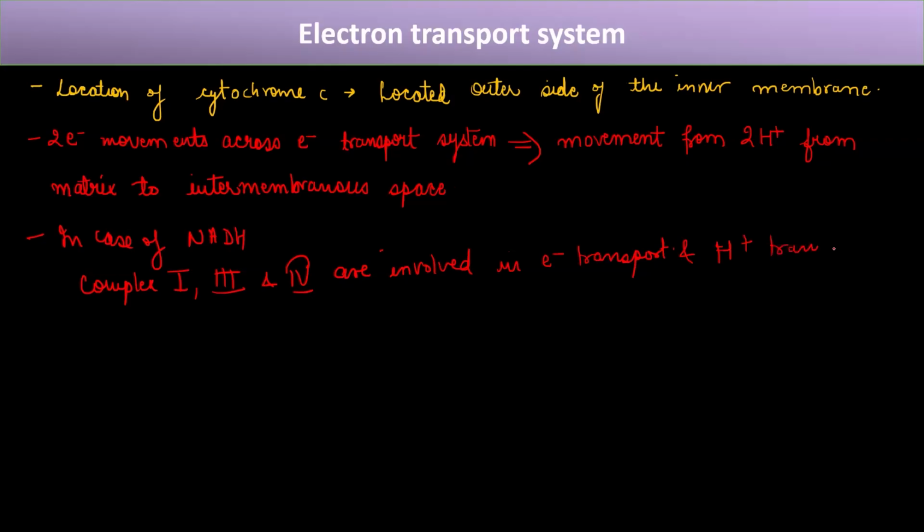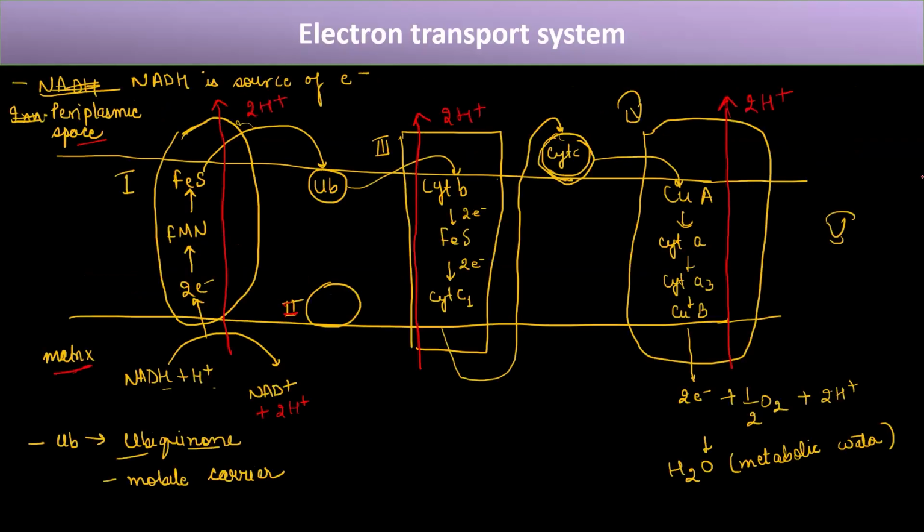So in this case, complexes first, third, and fourth are involved. And NADH finally leads to how many hydrogen ions moving from the matrix to the intermembranous space?